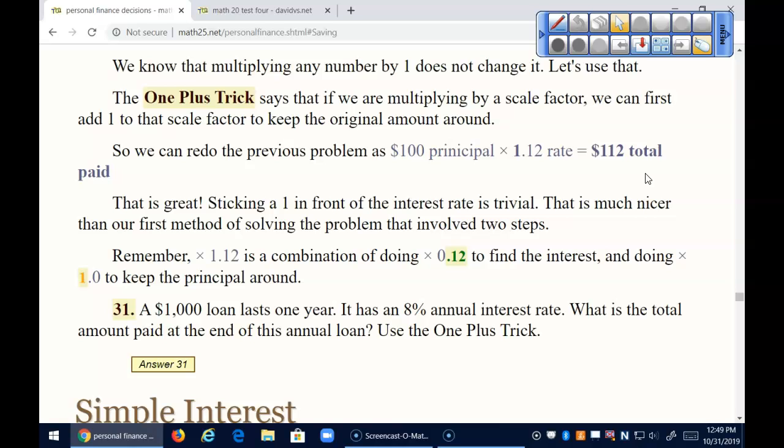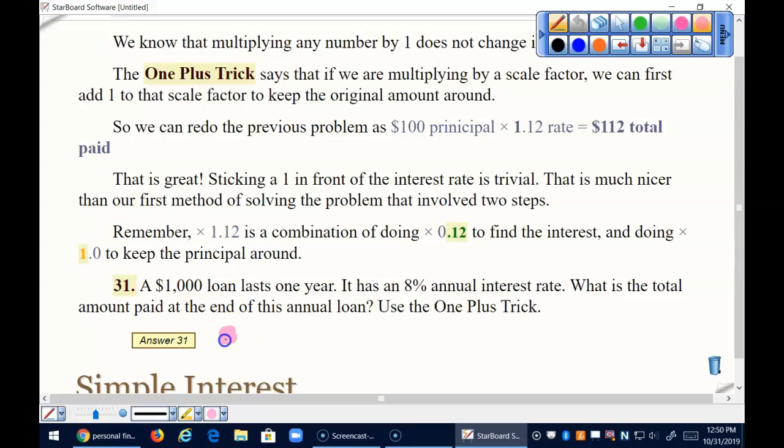The times 1 means that the 100 is sticking around, because times 1 doesn't change anything. So we wind up with the 100 from the times 1 and the 12 from the 0.12 at the same time. So, there we go. Times 1.12. We're taking the percent we're multiplying by, we're sticking a 1 in front, and that keeps things around.